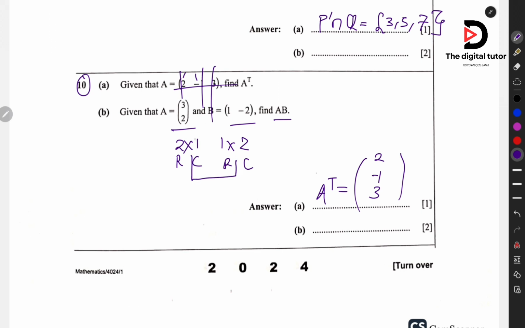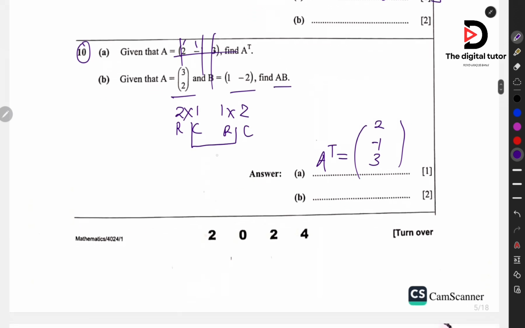In other words, the number of columns in the first matrix should be equal to the number of rows in the second one. So when they multiply, you can even predict the resulting matrix. What is going to remain? A 2, multiplied by a 2. So the matrix that we are going to have is a 2 by 2.